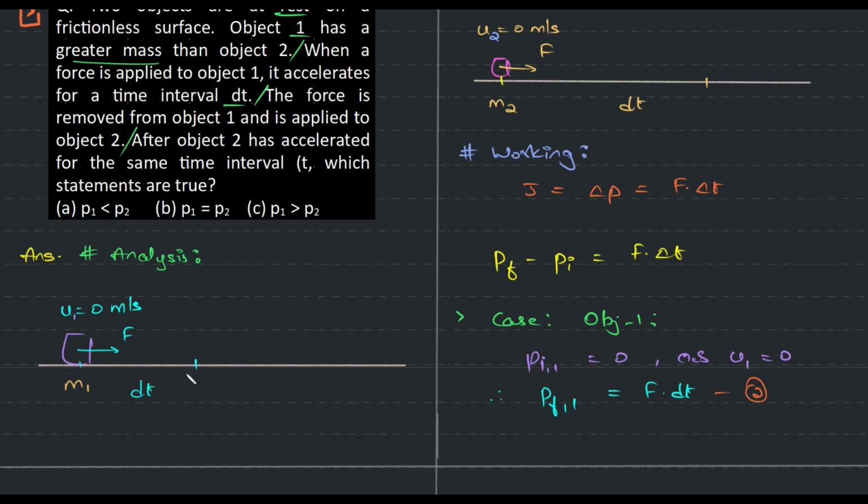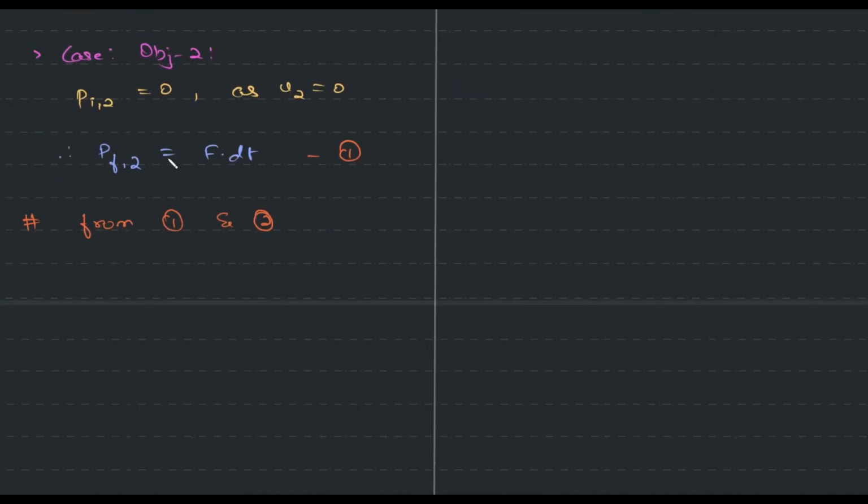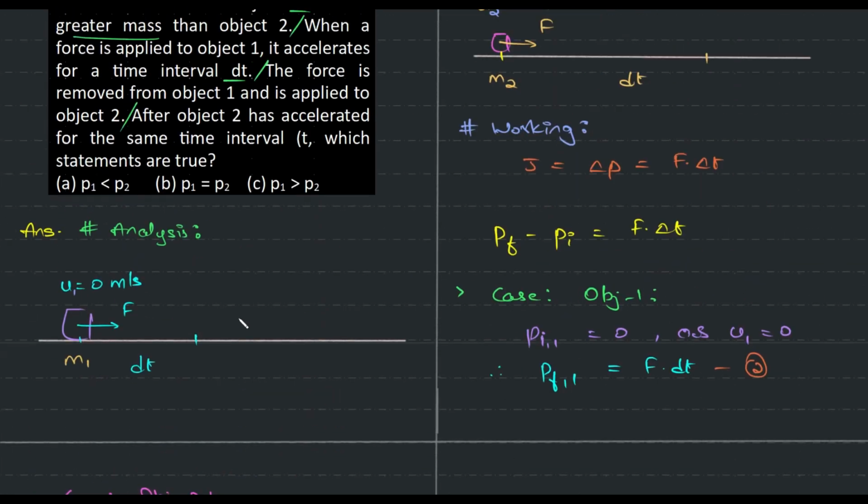Of course, the displacement over here is shorter and here it will be larger. That difference I have shown. Otherwise, the quantities are the same. So from 1 and 2, what can we tell? Pf1 is equal to Pf2. And so your answer is equals to.